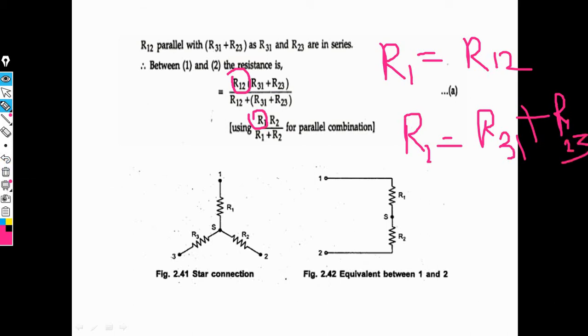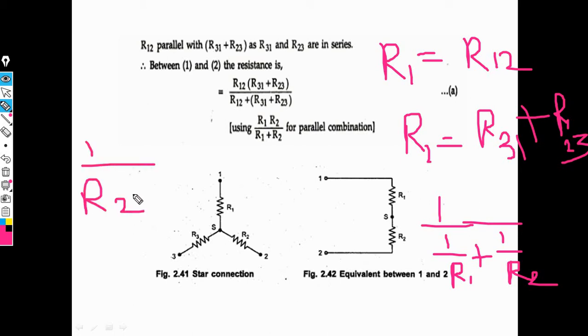Then we take R1 into R2 upon R1 plus R2 because both are connected in parallel, that is 1 upon R1 plus 1 upon R2, that is both are connected in parallel, then 1 upon R2 plus R1 divided by R1 into R2, then goes to the upper side, then we obtain R1 into R2 upon R1 plus R2.